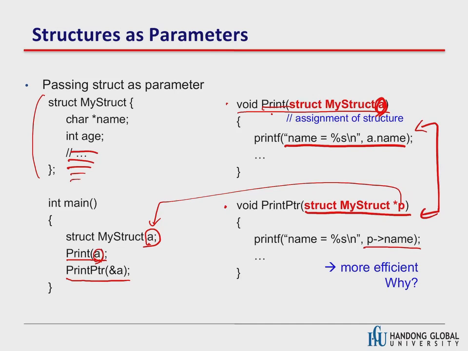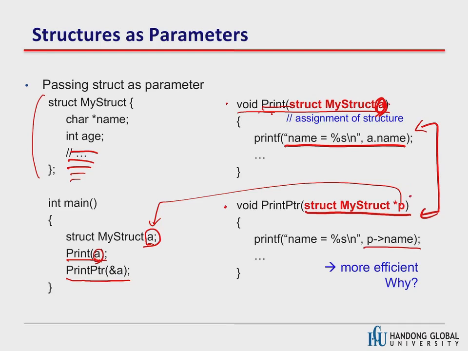In this example, we have only 2, but let's assume that we have lots of data fields. Then if we call this print function, we have to copy. So basically this print function will get the copies from the structure A. So if we have a lot of data fields in the structure, then we have to copy all of them. That's terrible sometimes. If we have too many data fields, it will take a lot of time.